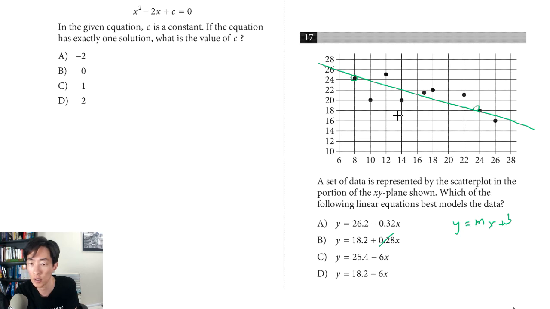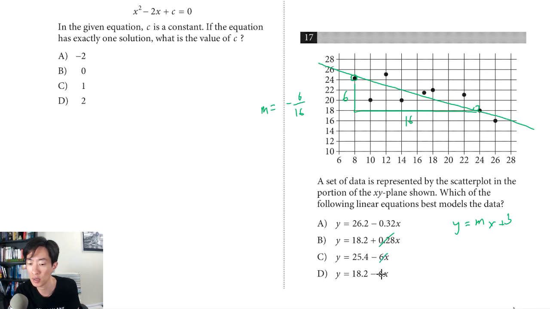To calculate slope, we're going to do rise over run, change in y over change in x. Change in y, 24 minus 18 is 6. Change in x, 24 minus 8 is about 16. So if the slope is negative 6 over 16, that's about a third. So it's definitely not 6.